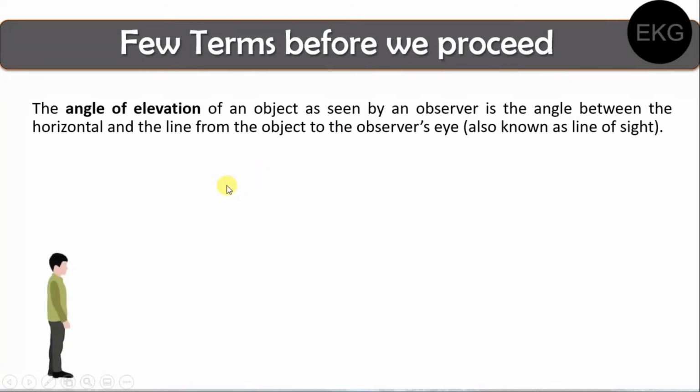Okay? So, for example, we have this man. Let's call him Timmy. This is our observer. Okay? And then, he observes a certain object, this airplane. So, the definition says, the angle of elevation of an object, this object, as seen by an observer, Timmy, is the angle between the horizontal. So, we will make a horizontal line on level with his eyesight.